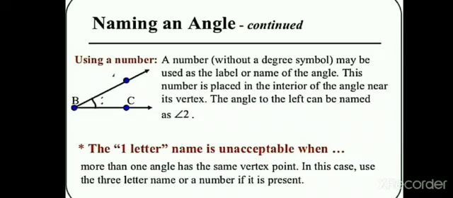In that case, we cannot represent the angle using a single letter. Earlier we said an angle can be represented using 3 letters, and also using a single letter. But when two angles meet at the same vertex, we cannot represent the angle by a single letter. We can only represent the angle by 3 letters.